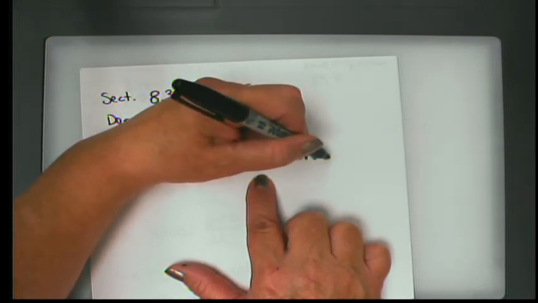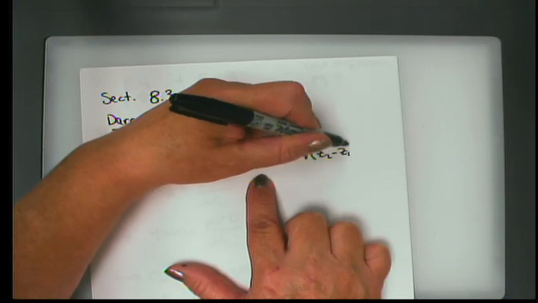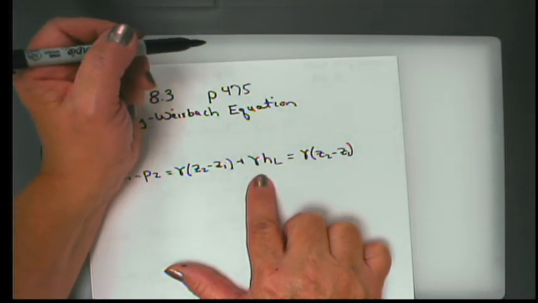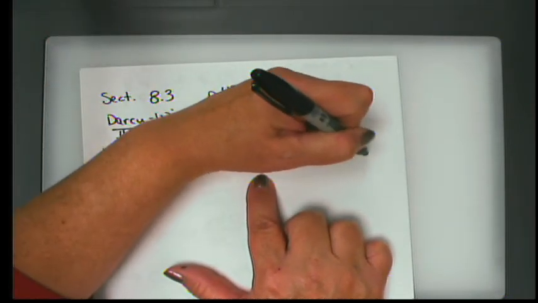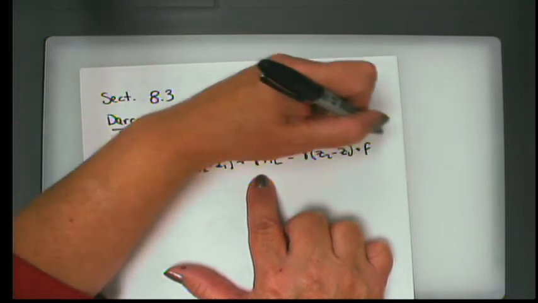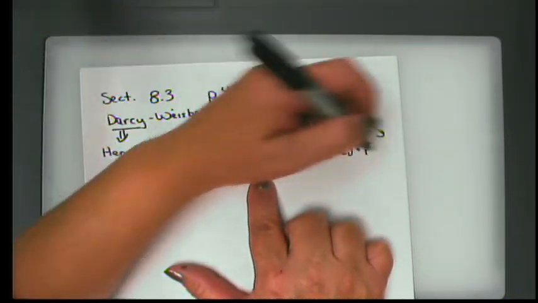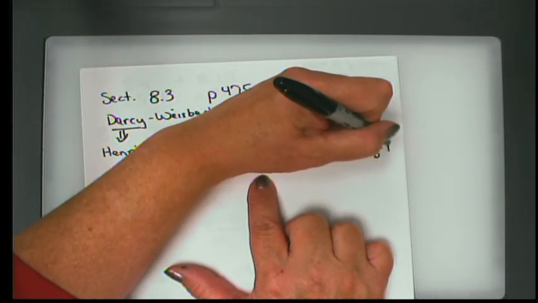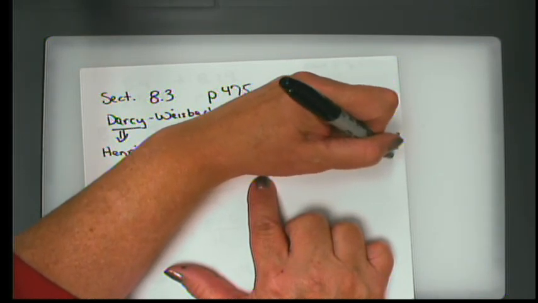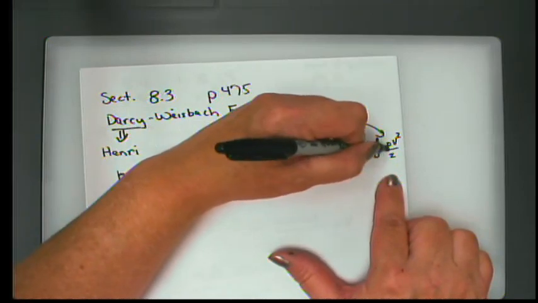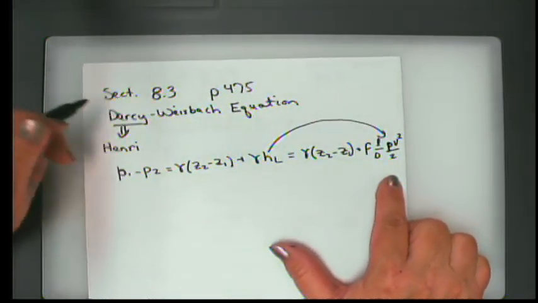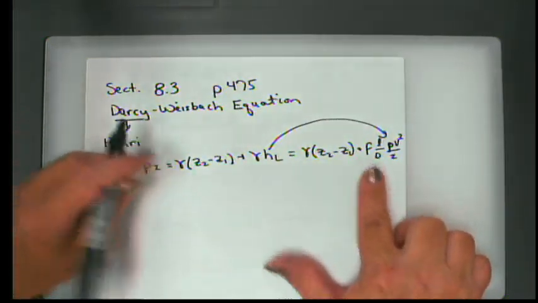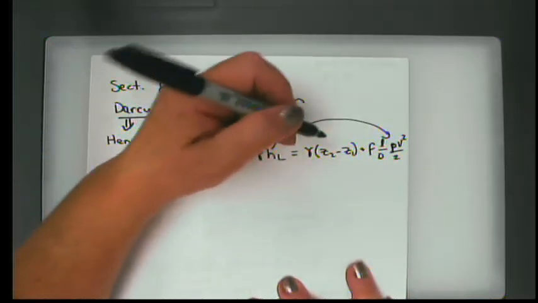And if we continue with this, we have an empirical solution to what this head loss looks like based on the ratio of length to diameter and based on something about the kinetic energy. This is a rho, not a pressure term, and something called a friction factor.